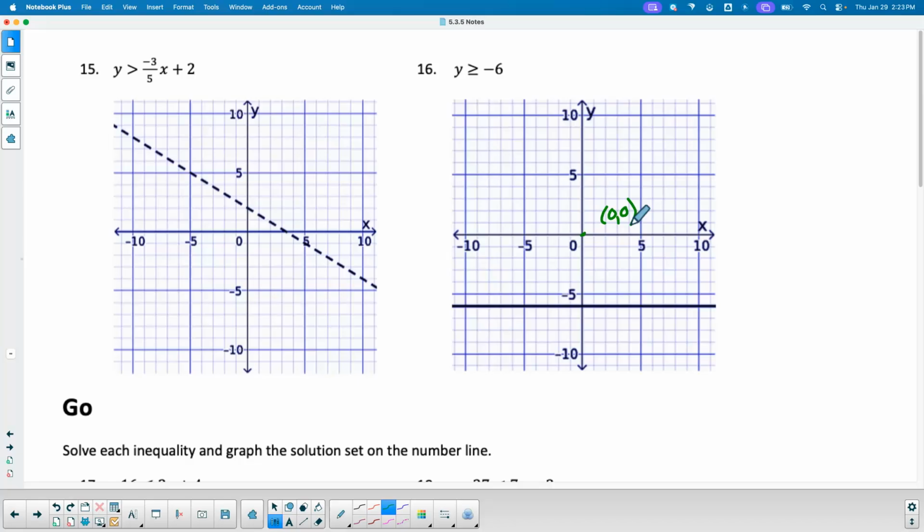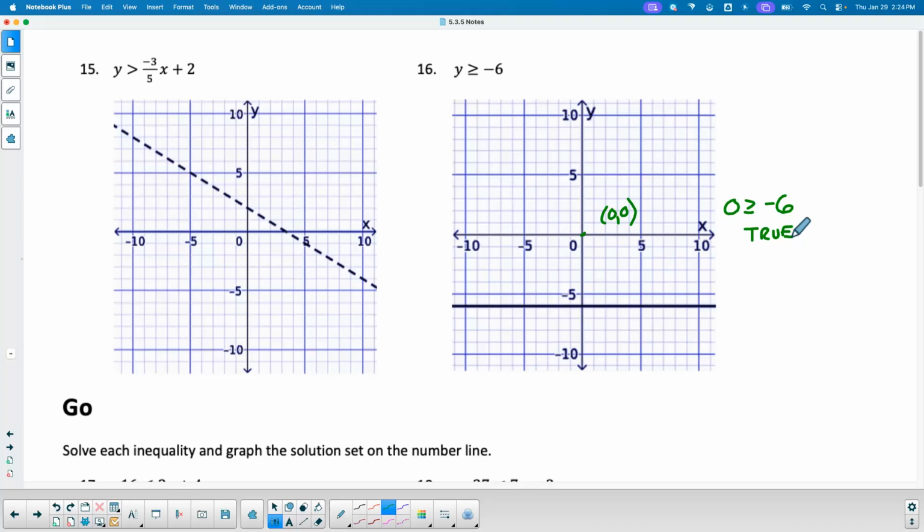In this case, I only have y to plug in for. So I've got 0 is greater than or equal to negative 6. Is that a true statement or a false statement? That's a true statement. 0 is bigger than a negative number. So that means that I would want to shade on that side of the line.